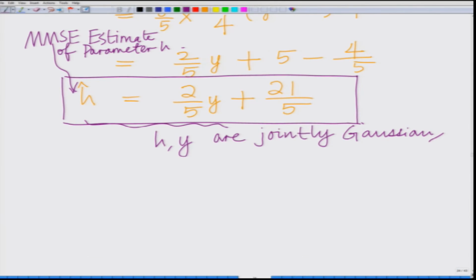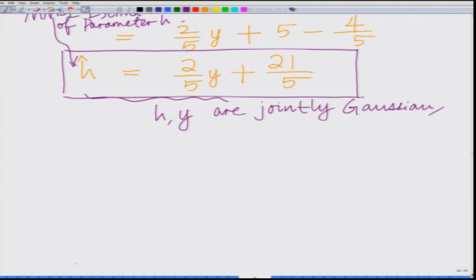In today's example, we have computed the MMSE estimate of h given y, when h and y are jointly Gaussian and not necessarily zero mean, that is, non-zero mean. Now let us also look at what happens when h comma y are vectors.